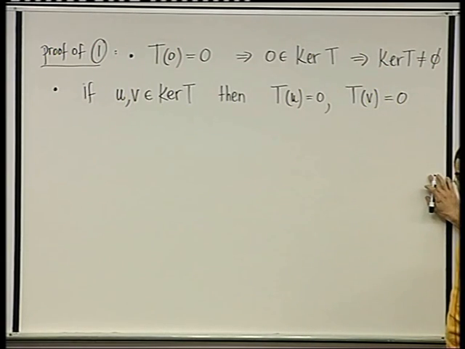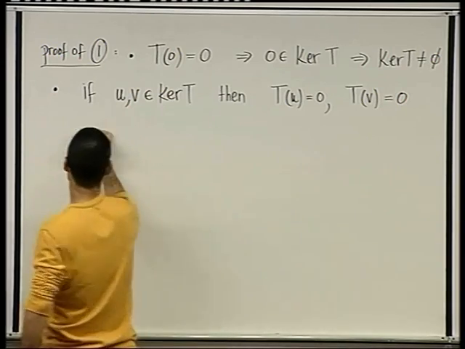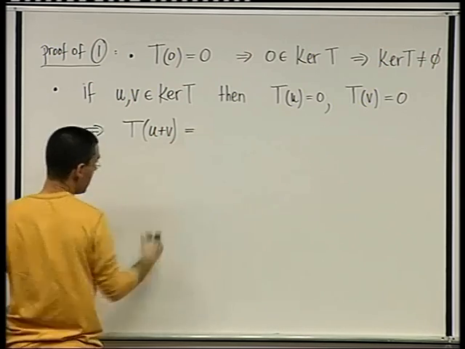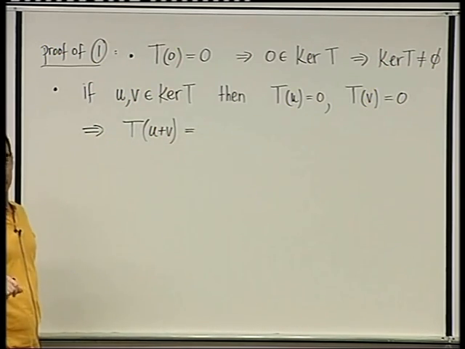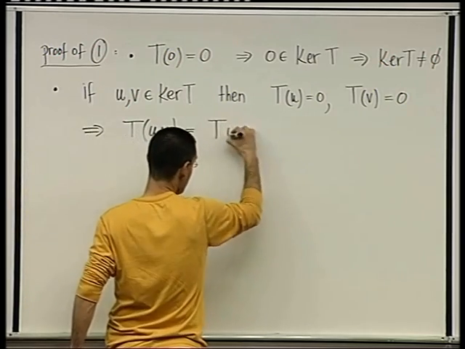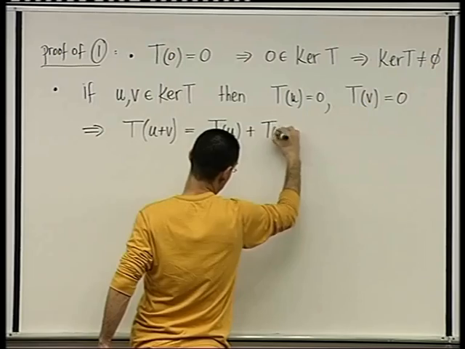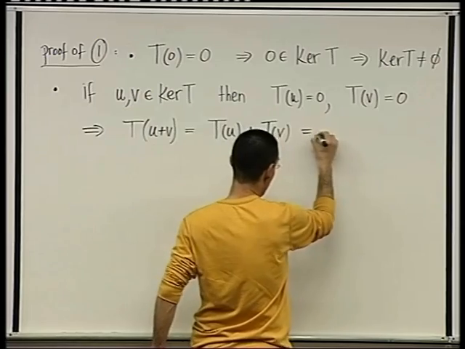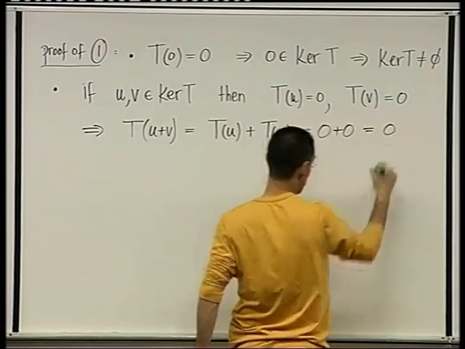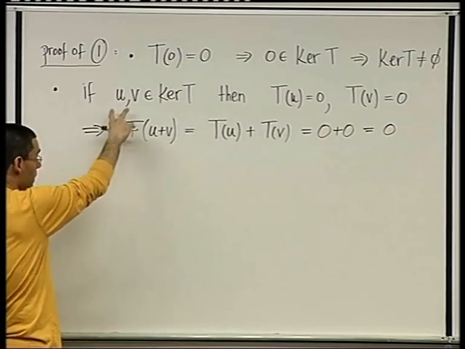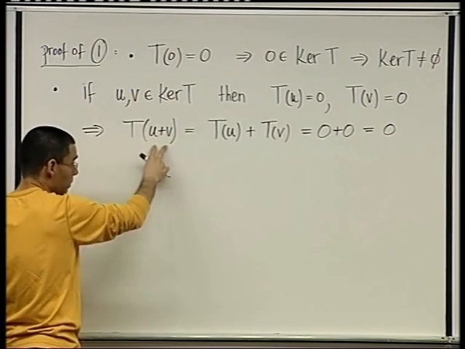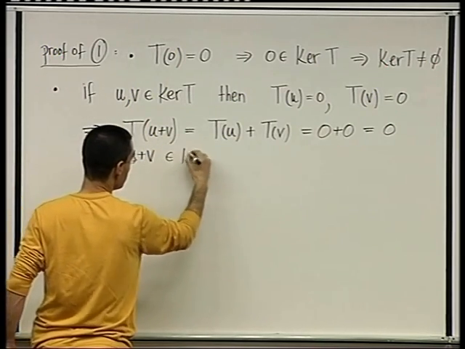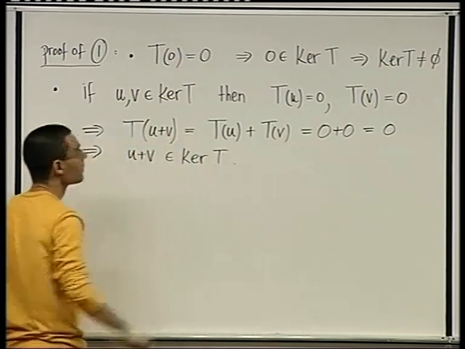Therefore, what is T of their sum, U plus V? T is a linear transformation, so T of a sum is the sum of the T's. That's the property of being a linear transformation. And since both of them are 0, it's 0 plus 0, which is 0. Therefore, if U and V are in the kernel, T of U plus V is also 0, and therefore U plus V is also in the kernel. Do you agree?